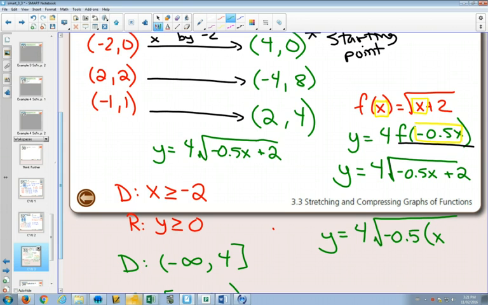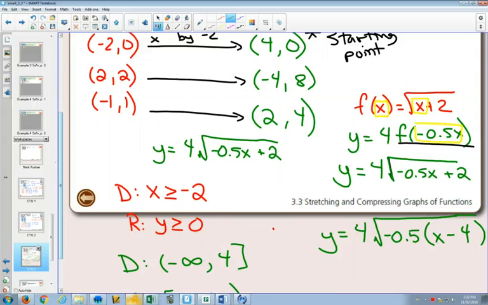So ask yourself, what would have to be here in order for negative 0.5 times that to give us plus 2? Would it have to be positive or negative? It would have to be negative, so we'll put a minus sign there. 0.5 times what is 2? 4. And when we write it in this factored form, can you see the 4 to the right show up?